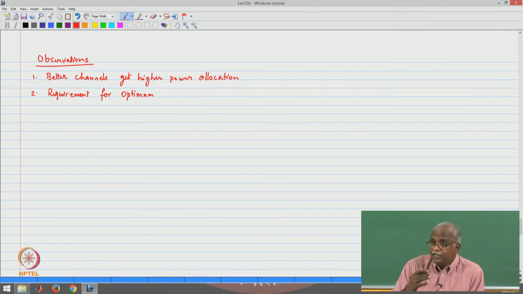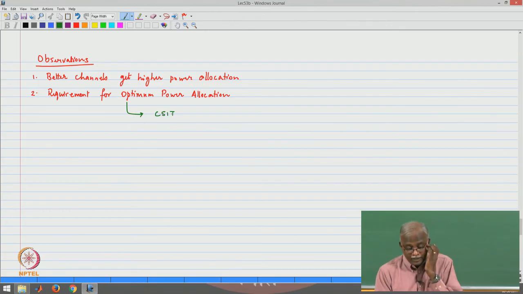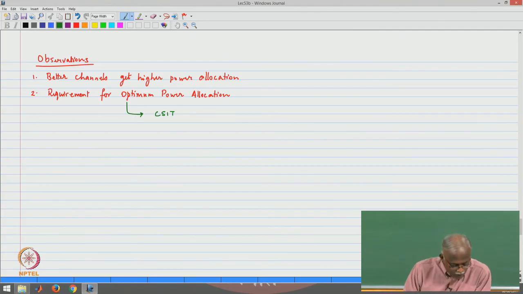So, the transmitter has full knowledge of the channel. This optimum power allocation is possible only if we have knowledge at the transmitter, CSIT. It must have knowledge at the transmitter, and based on that understanding of which channel has got how much SNR, we are then able to do the power allocation.